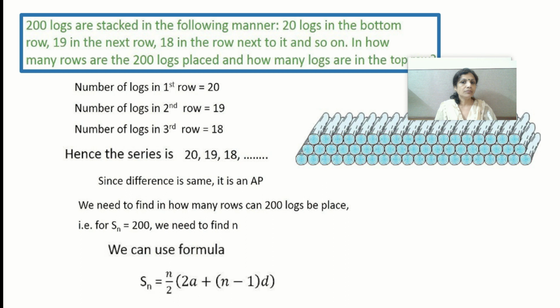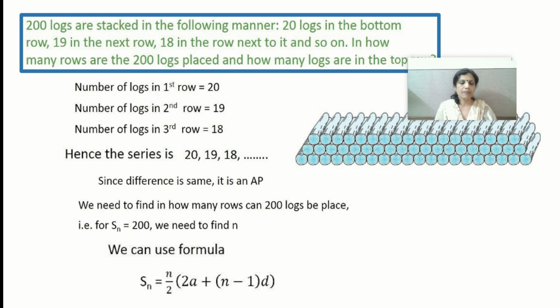So 20 logs at the bottom row, then 19 in the next row, 18 in the row next to it, and it goes like that. So number of logs in the first row 20, second row 19, third row 18. And therefore we can say that this series 20, 19 and 18 forms an AP with a common difference.